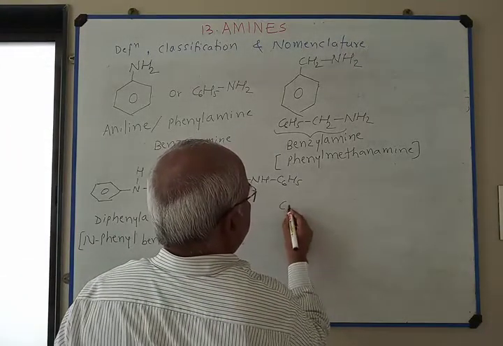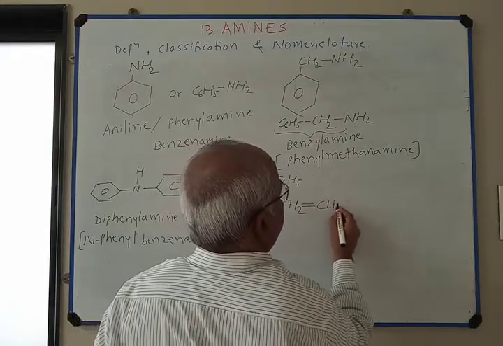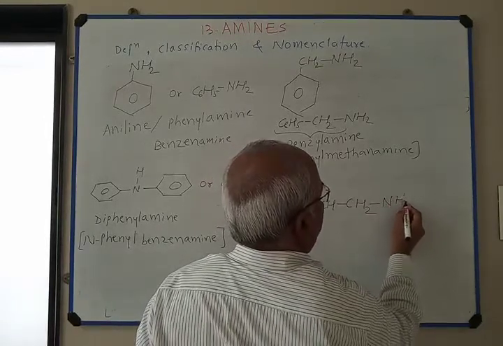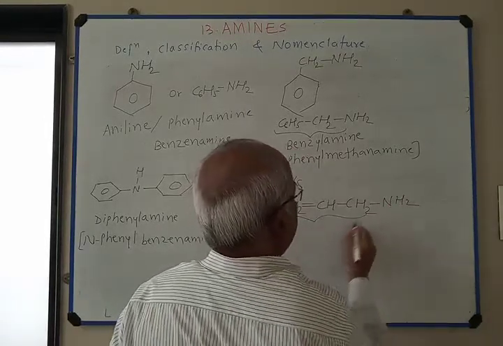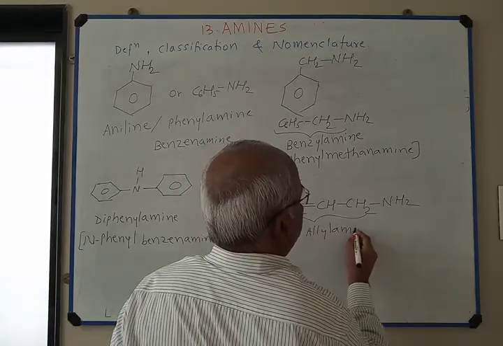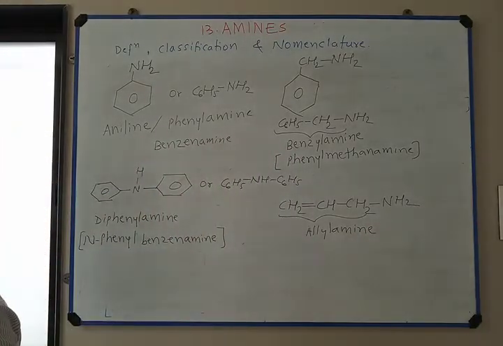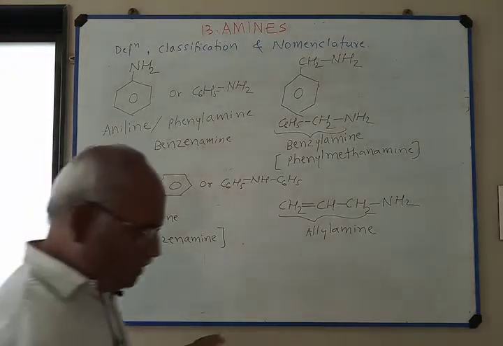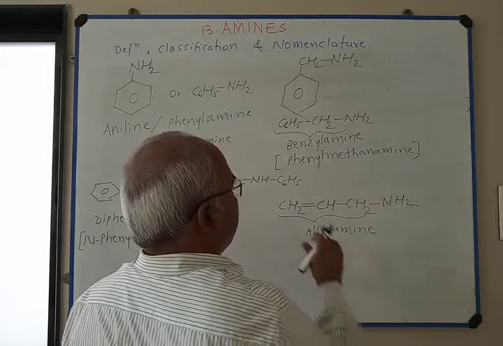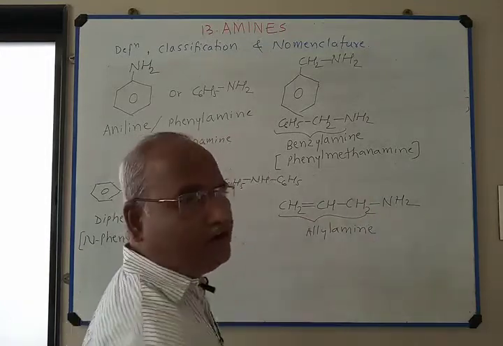Try to write the name of this compound, CH2 double bond CH, single bond CH2NH2. This group is called allyl group. Therefore, the name of the compound is allyl amine. How to write the IUPAC name? This is a polyfunctional compound. Double bond is present and NH2 amino group is present.